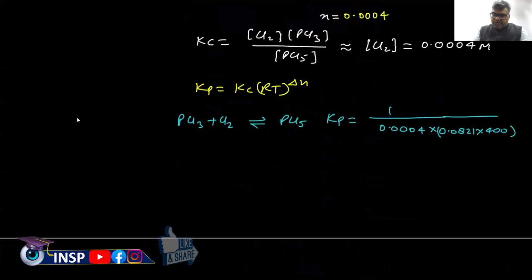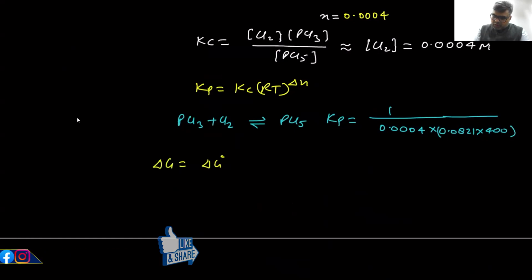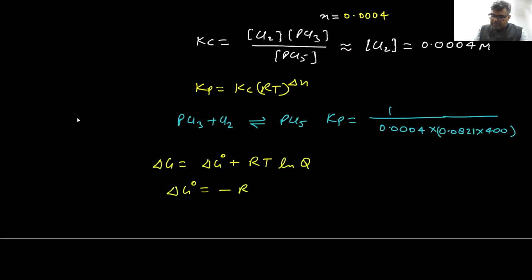We all know that delta G is equal to delta G naught plus RT ln Q. Delta G naught is dependent on equilibrium, which is minus RT ln K, a fixed value because the equilibrium constant is known without changing the temperature.